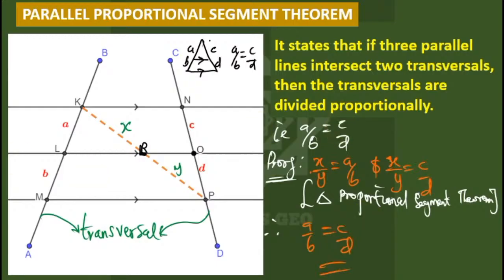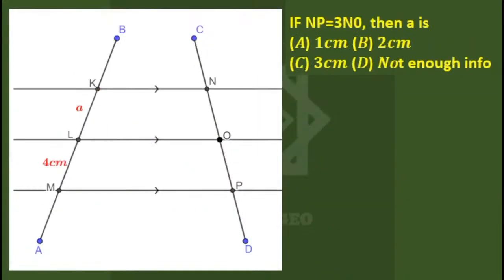Let's look at this question. They said if NP equals 3NO, then A is dash.